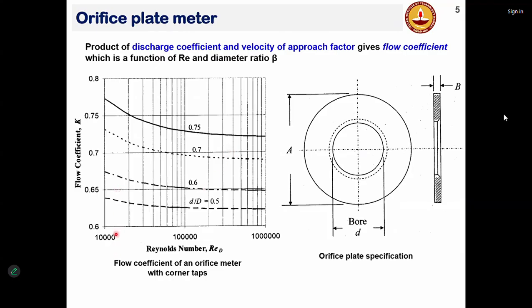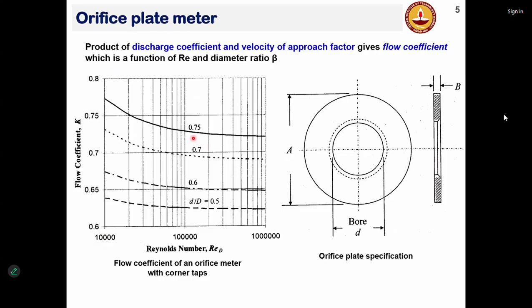So again, it is going to be a function of Reynolds number. At about 10,000 Reynolds number, depending on the diameter ratio of the orifice to the tube diameter, the values of flow coefficient are going to be different.